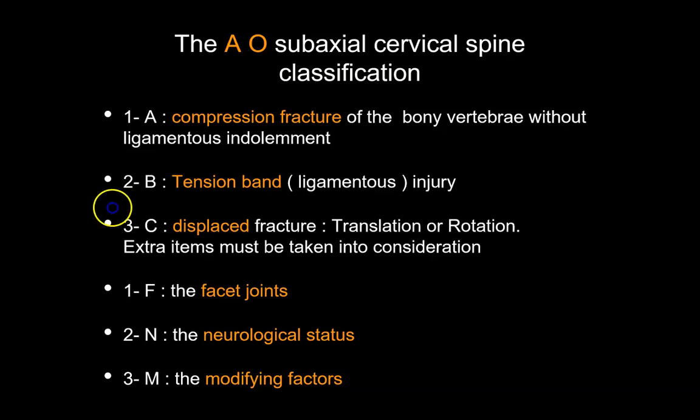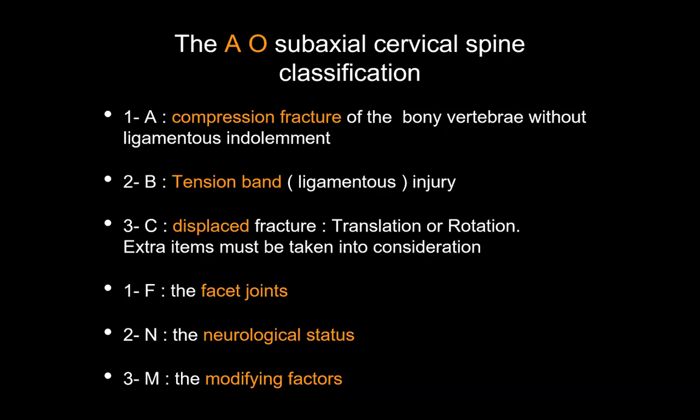So very easily, it's a classification according to the bone: any fracture of the bony vertebrae is A. We describe the tension band or the ligaments as B. And we describe displaced fractures, whether translation, rotation, or angulation, as C. So bony fracture A, ligamentous fracture B, displacement C.